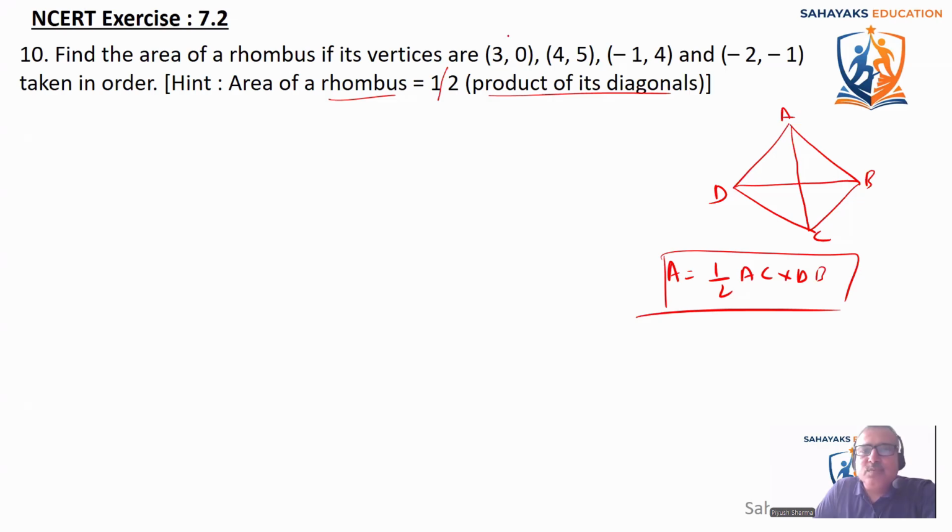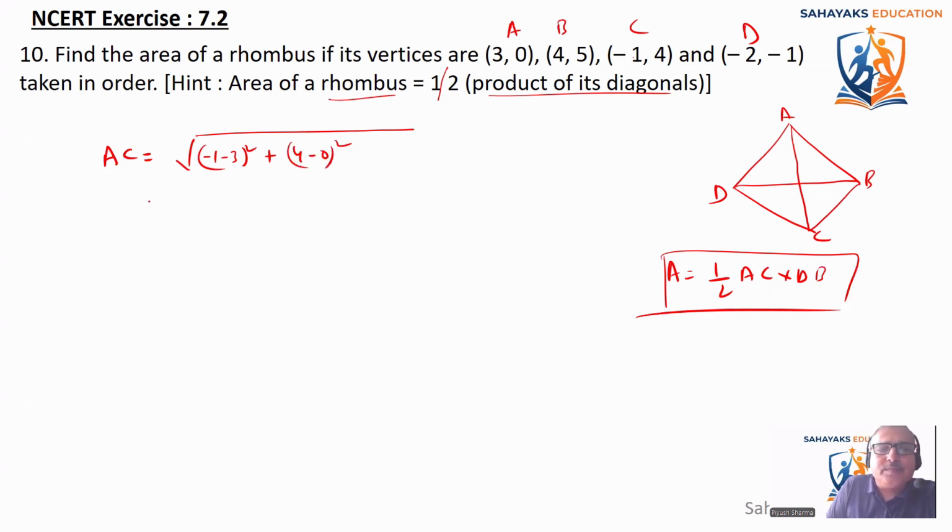So let's say this point is A, this point is B, this point is C, and this point is D. Let's find AC first. So how to find the distance? By now you must be remembering the formula. It is the square root of (x2 minus x1) whole square, so (-1 minus 3) whole square, plus (y2 minus y1), this is (4 minus 0) whole square.